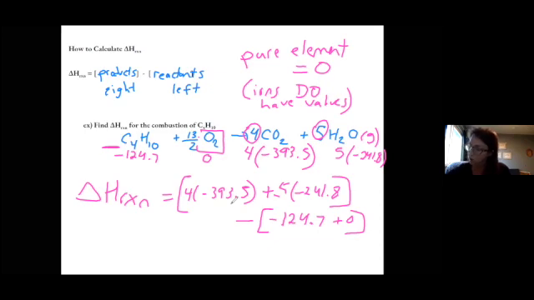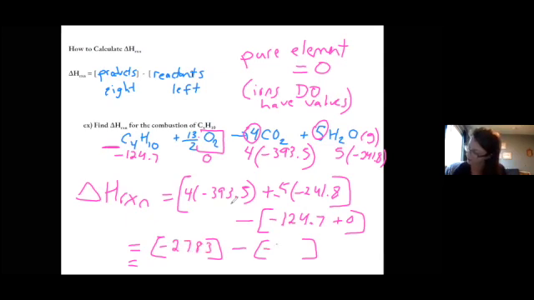This isn't that hard. Where people go wrong is typing it too quickly in their calculator or doing funky things with the negatives and switching this negative to a positive, whatever. My recommendation to you, simplify what goes in each bracket in one step and then type it in your calculator in another step. So when I do 4 times negative 393.5 plus 5 times negative 241.8, I get negative 2783.